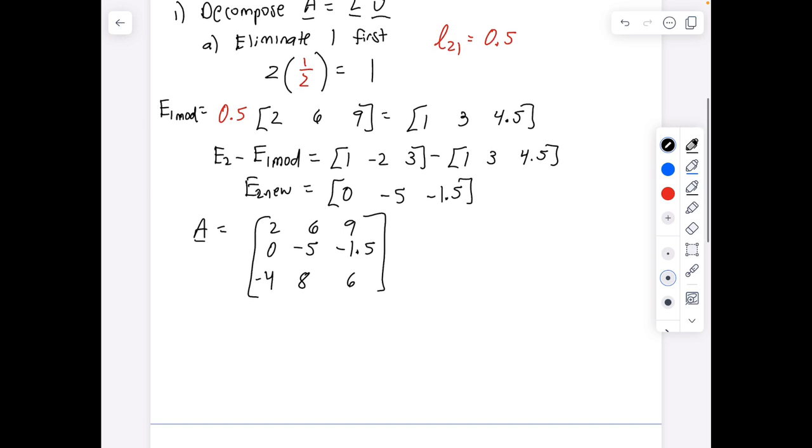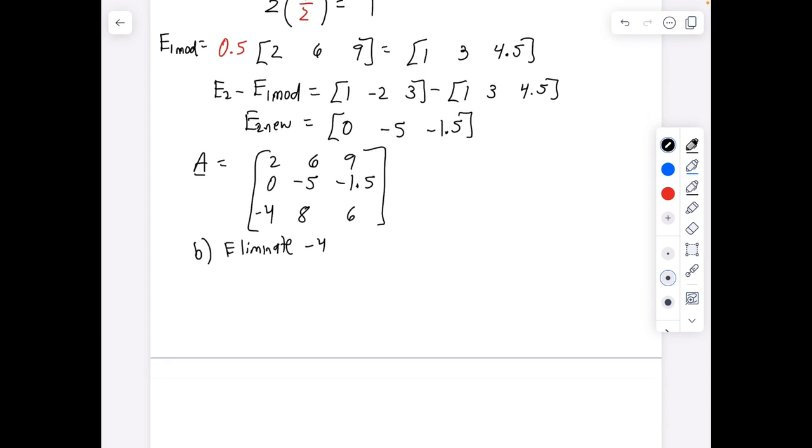So now what we want to do is we want to eliminate -4. So that means we're going to multiply our first equation by -4 over 2. Because if we do that, we end up with -4, which is what we want. We want this to match that. Remember, that's our Gaussian elimination technique. We want those to match.